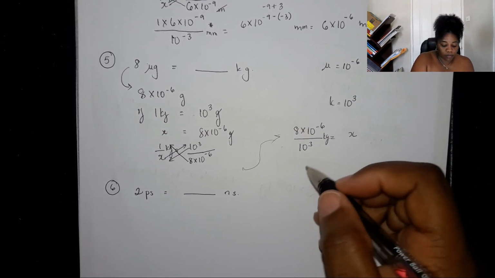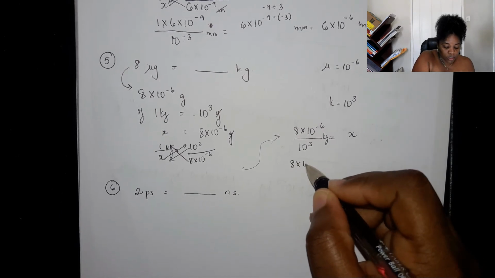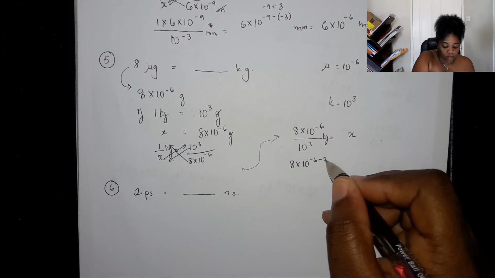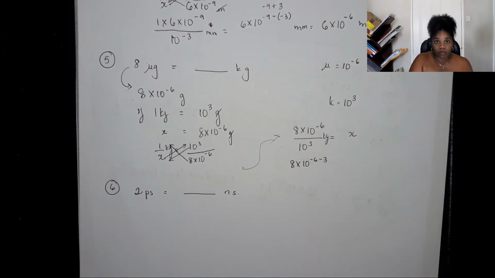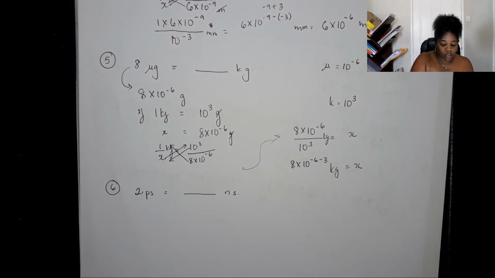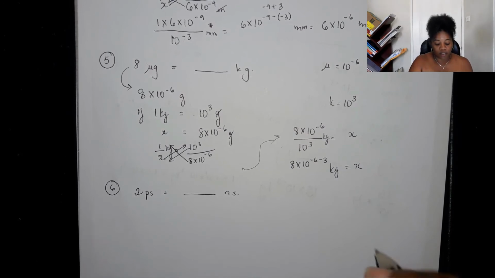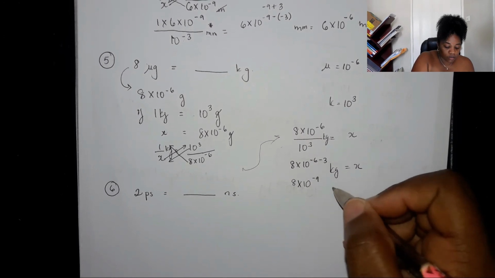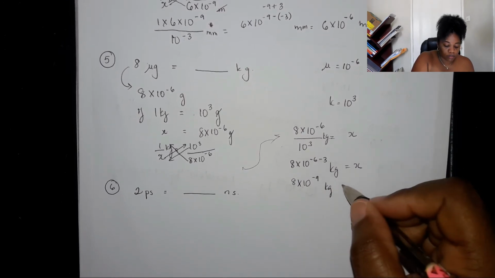So that's fine. And so we're going to say 8 times 10 to the negative 6 minus 3. So 3 is positive, so we don't have to do double negatives up in there. Kilograms equal to x. So negative 6 minus 3 is negative 9. Great. So 8 times 10 to the negative 9 kilograms.